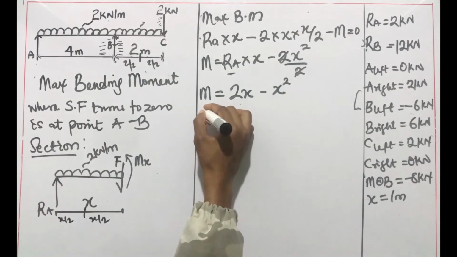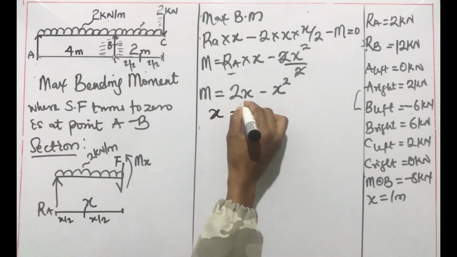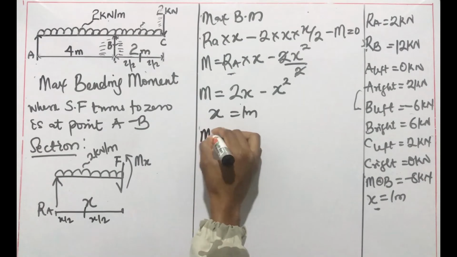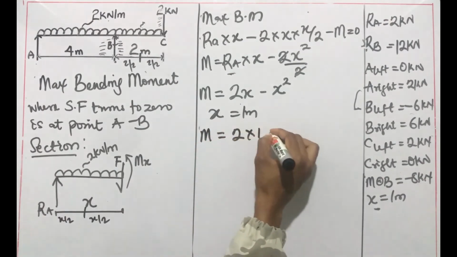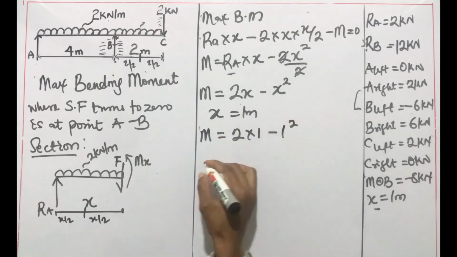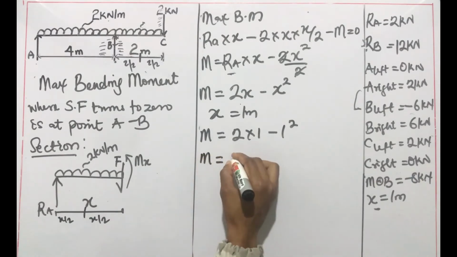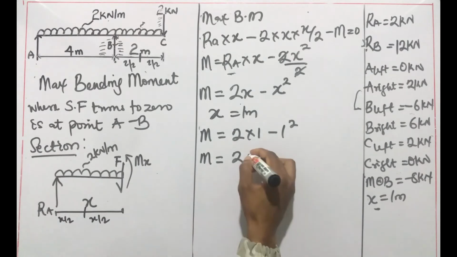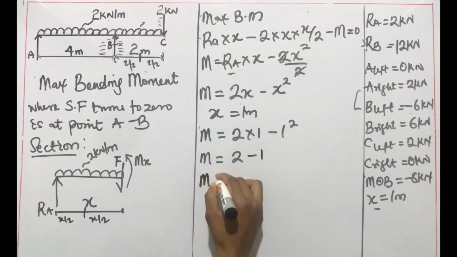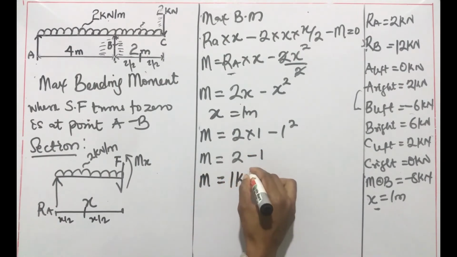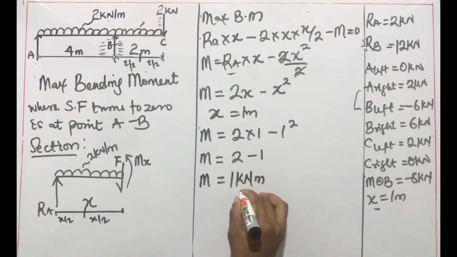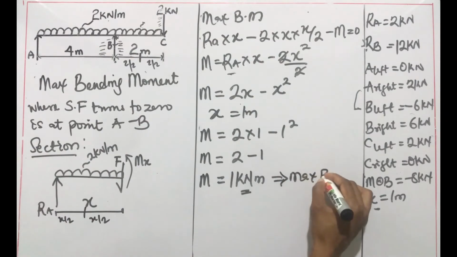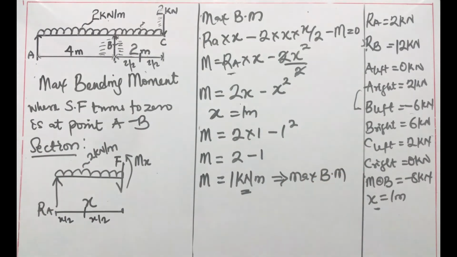Now we substitute the value of x, which is equal to 1. So our maximum bending moment is equal to 1 kilonewton meter.